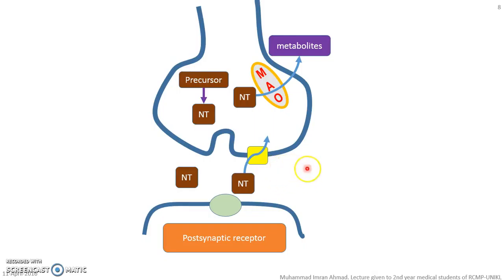But some of the examples of our tricyclic antidepressants include amitriptyline, and then we have imipramine, clomipramine, trimipramine, and a number of others. So these drugs act to inhibit the reuptake of serotonin and noradrenaline at varying degrees.